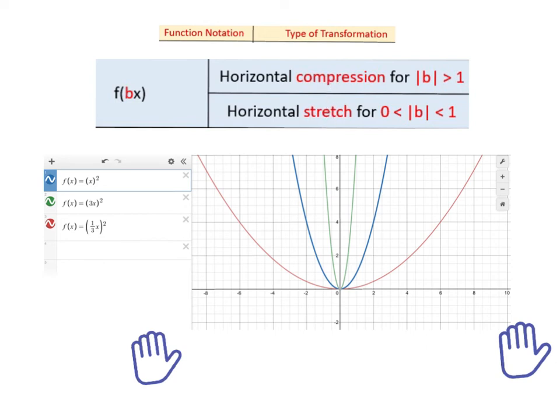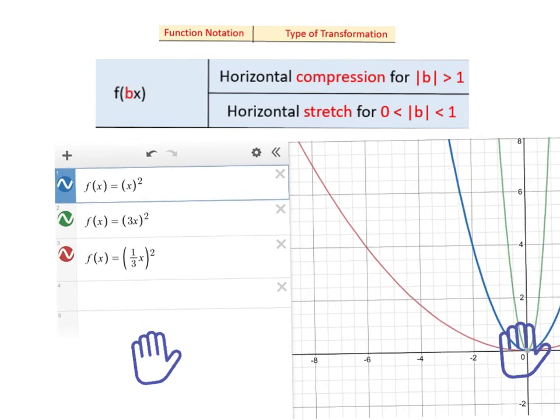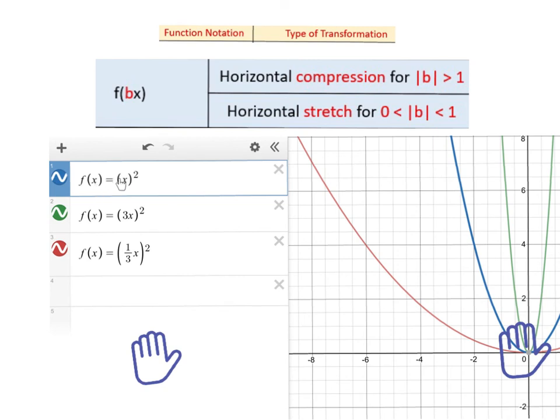So again, if our original function notation is f of x equals x squared, or y equals x squared, and we put it in parentheses, if inside those parentheses we put a number greater than 1, such as 2 or 3 or 10 or 20 and so on, and then we square it, we're going to have a horizontal compression. If it is a fraction inside the parentheses, it's a horizontal stretch.